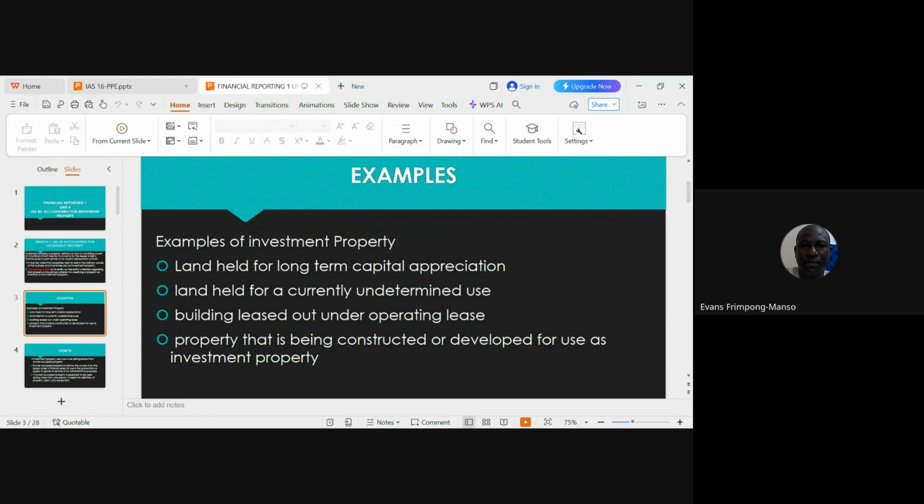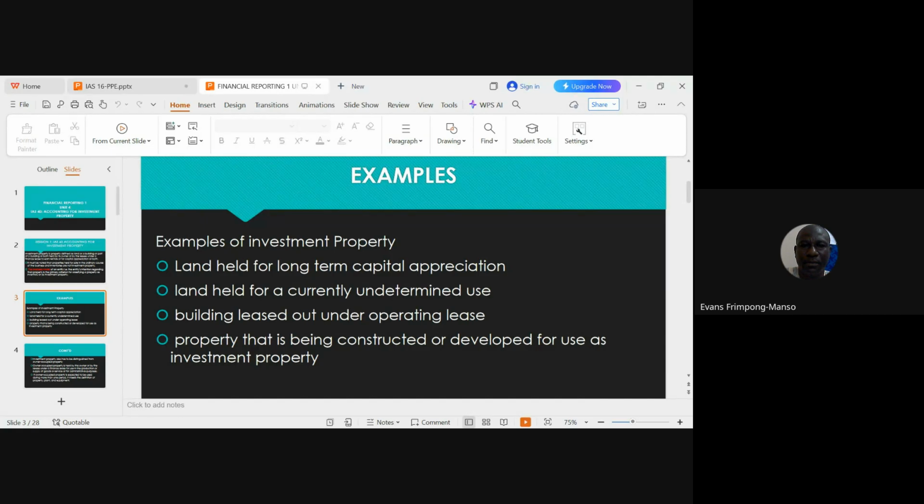Earlier on, I told you that with a finance lease, the risks and ownership are passed.